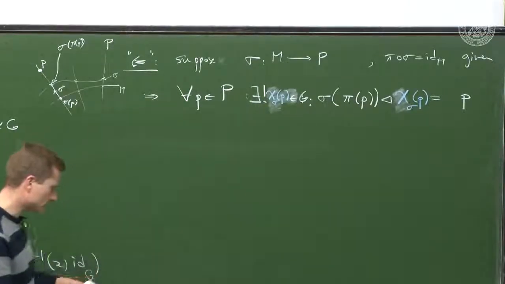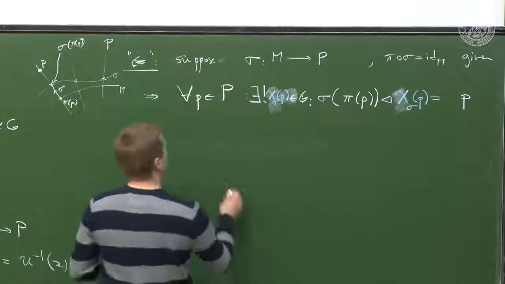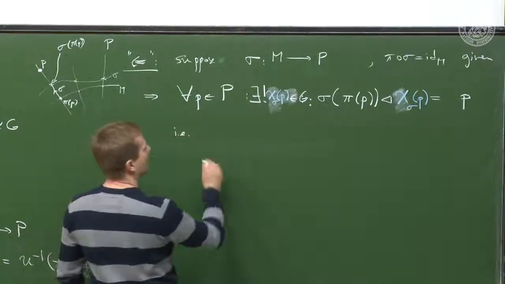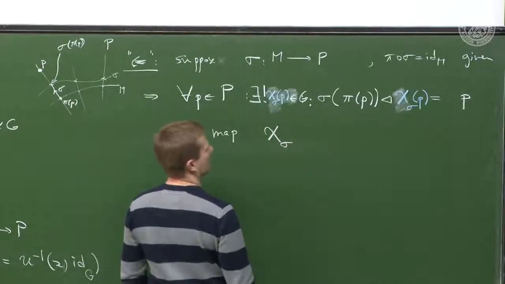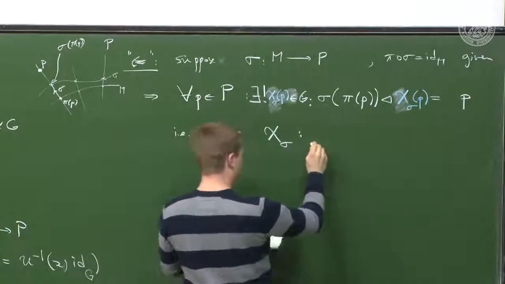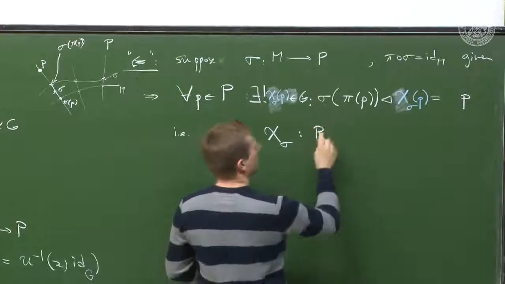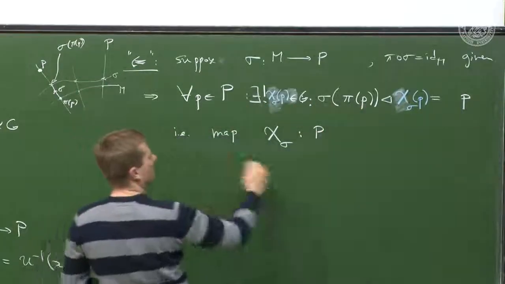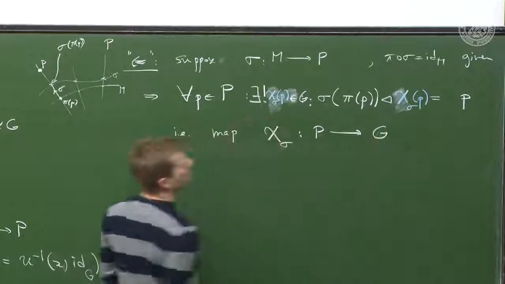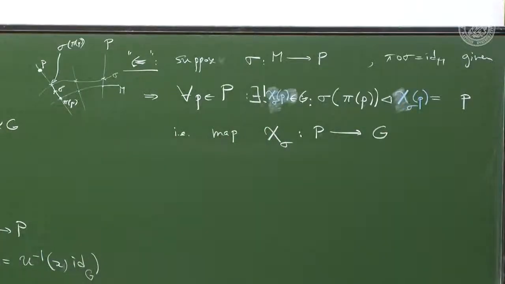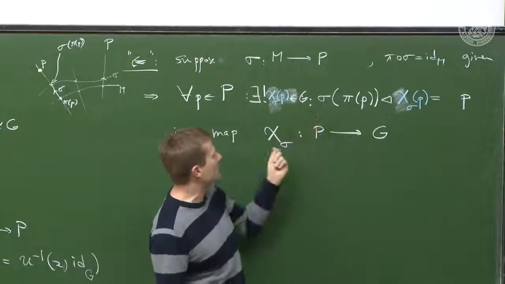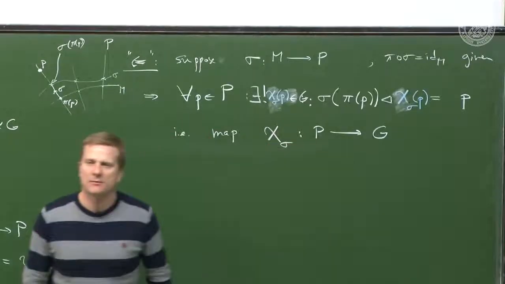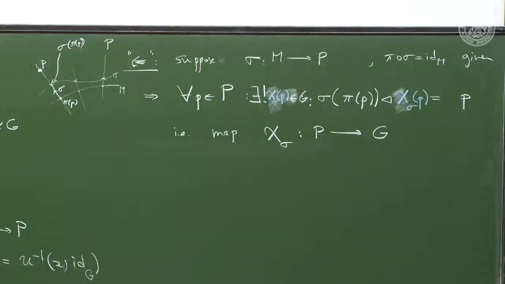Okay? So, that is, we have a map psi that depends on the given sigma and takes you from any point in P into the group. Because if sigma is fixed, all you can choose is the point P, and the result is an element in the group. So psi sigma is such a map. Okay? Fine.